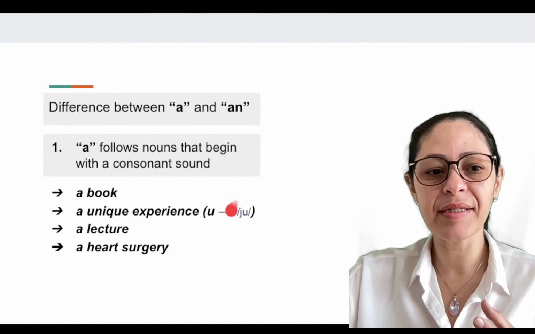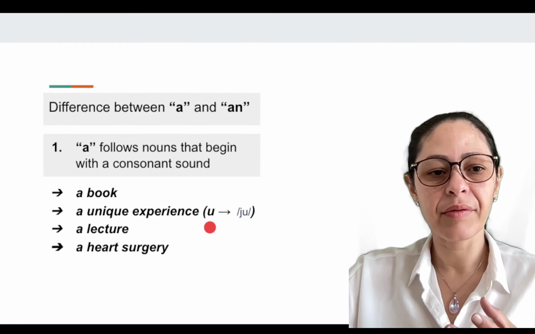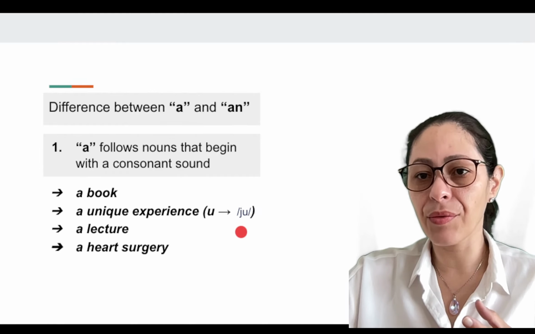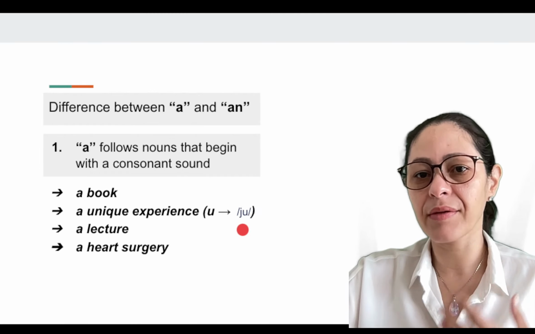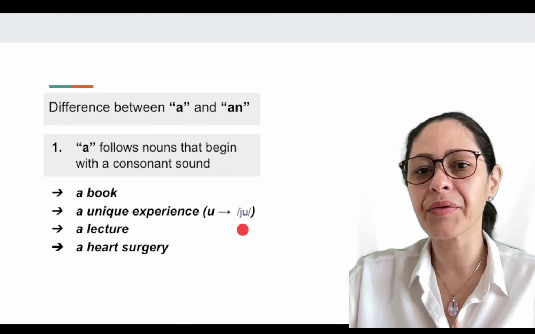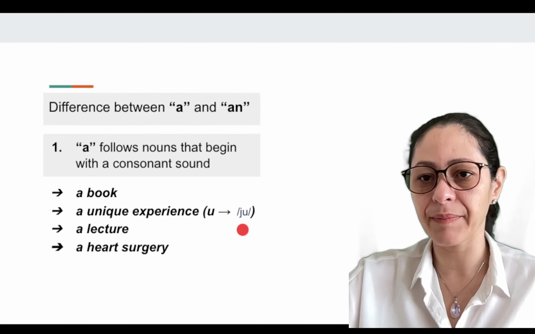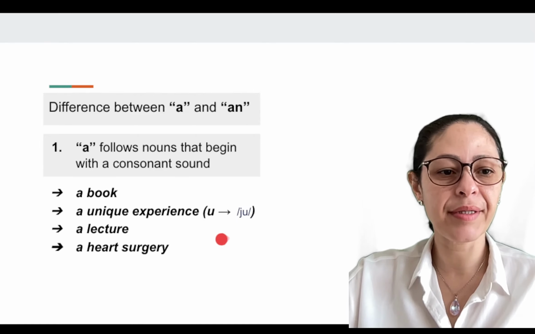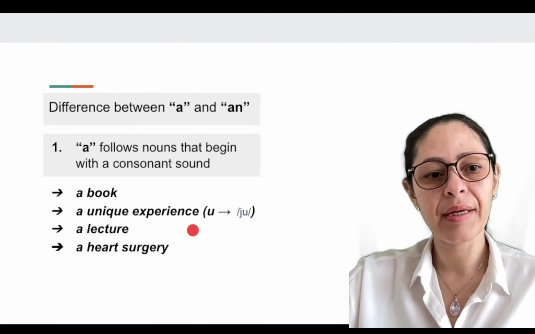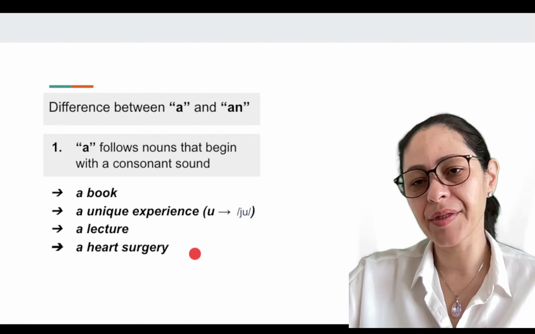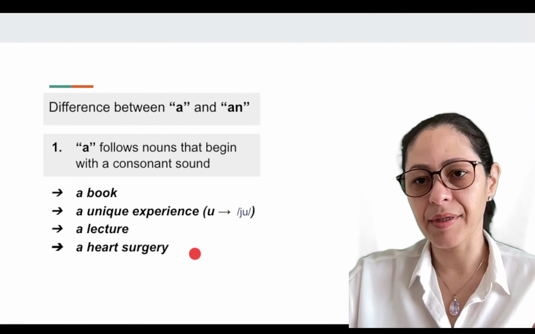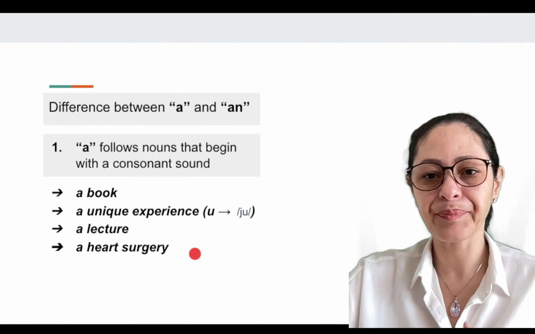Every time we have this letter pronounced as in U, we're going to have a consonant sound. That's why a unique experience, a uniform, a university. Our next word, a lecture, and a heart surgery. These are actually consonants, a heart surgery.